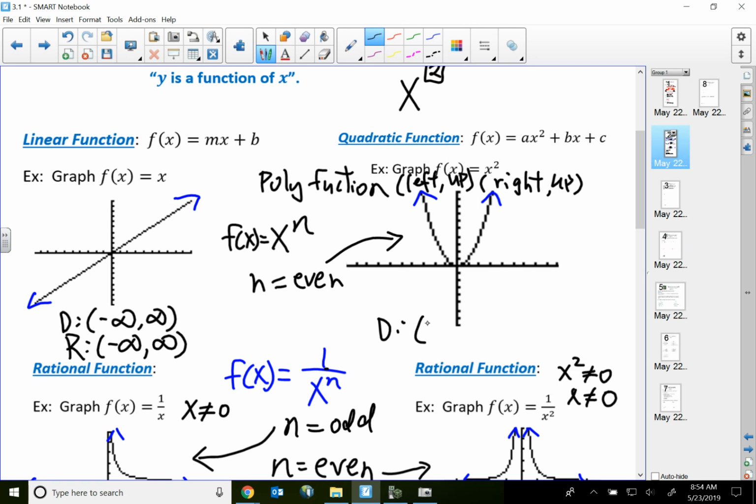So your domain is negative infinity all the way to infinity, because one side keeps going left, the other side keeps going right. When we think in terms of interval notation, we always have to think from left to right. Range will vary. The range of the quadratic function will change, so we will talk about that in a different video.